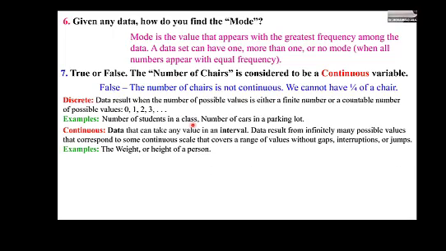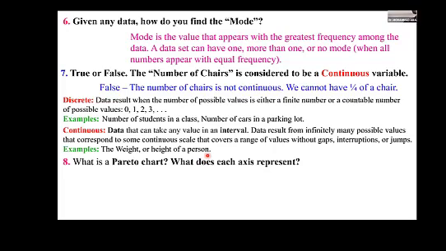Continuous data can take any value in an interval. Data results from infinitely many possible values that correspond to some continuous scale that covers a range of values without gaps, interruptions, or jumps. Examples would be the weight or height of a person.